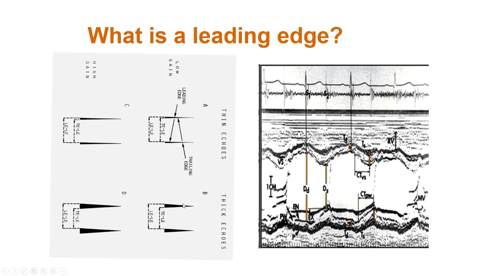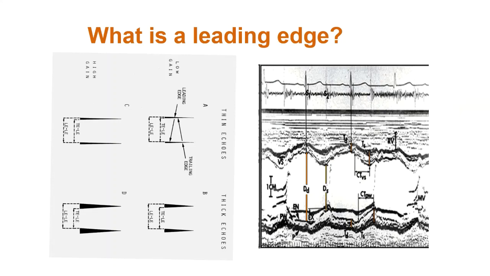So for example, if you were dealing with very thick echoes, it made a big difference if you were making your measurement from the leading edge, which is the edge closer to the transducer, and capturing the leading edge of this echo, again, as part of the wall or part of the ventricular cavity. It can make a difference of 15 or 20 grams in the left ventricular mass calculation.